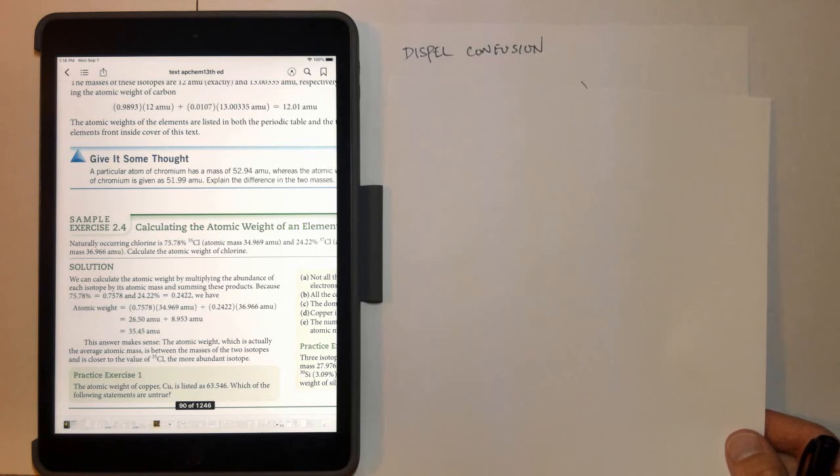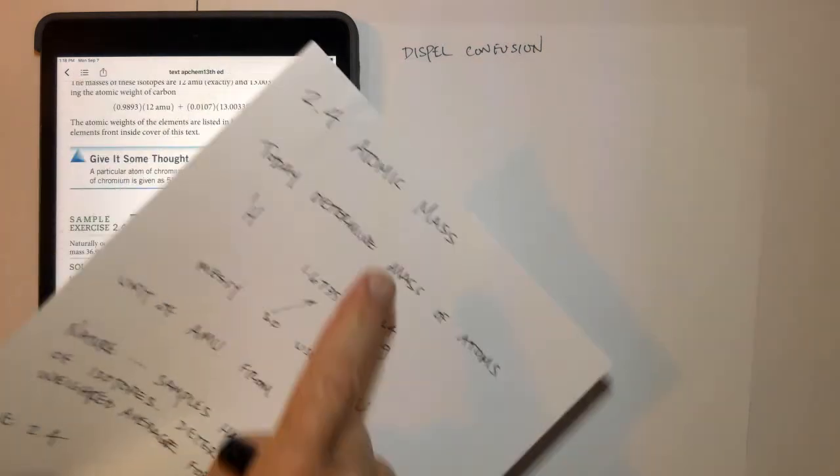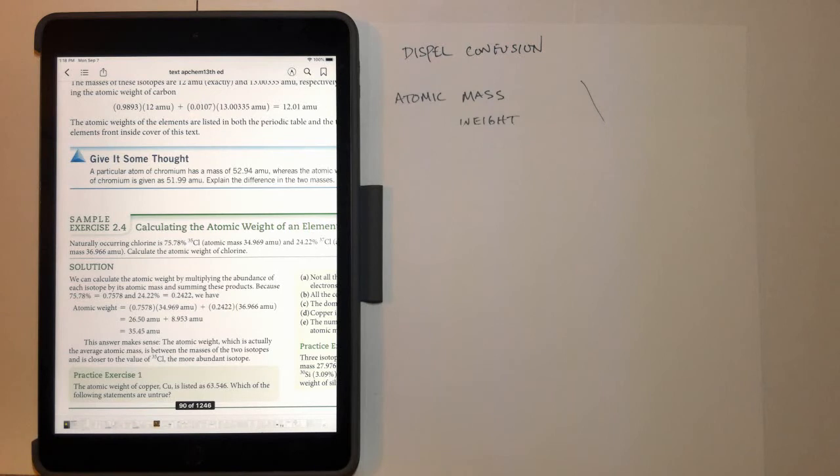Let's dispel just a little bit of confusion, because right now you hear many different words that sound the same. As a matter of fact, there's about 8 different ways to say this thing that we just talked about called atomic mass. Atomic mass is also known as atomic weight. They're the same thing. Sometimes you'll hear it said formula mass or formula weight, because you're looking at a particular formula, and if it happens to be more than one atom, they'll add the atoms' weights or masses together.